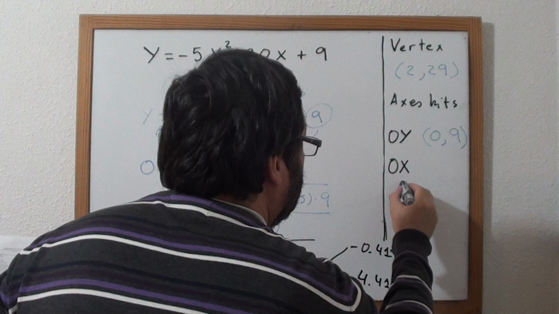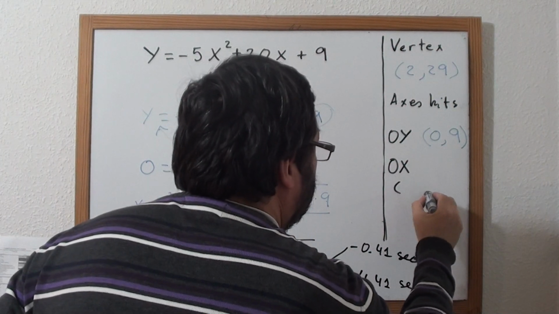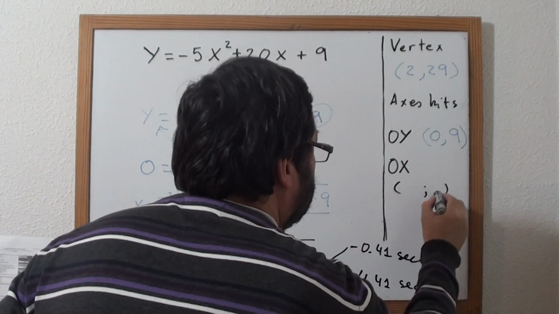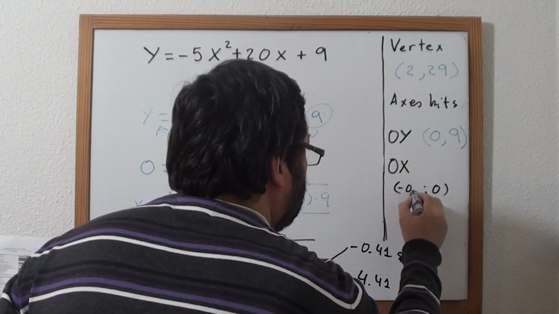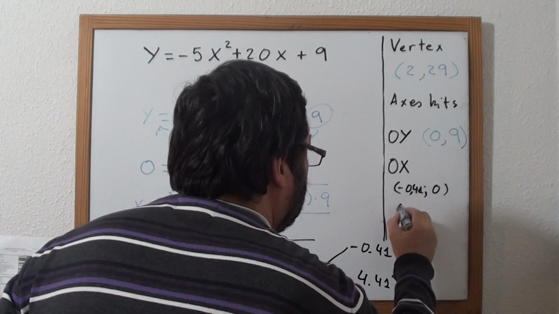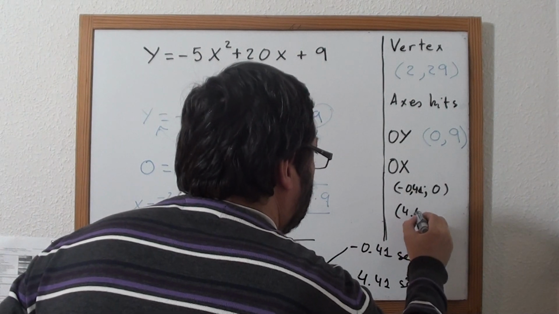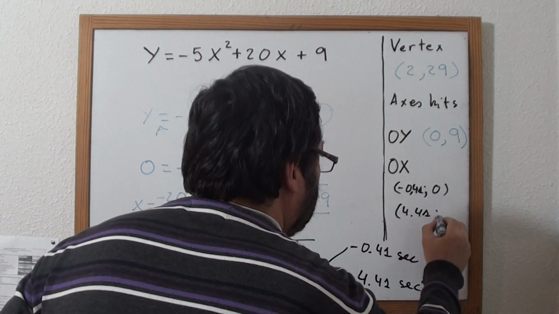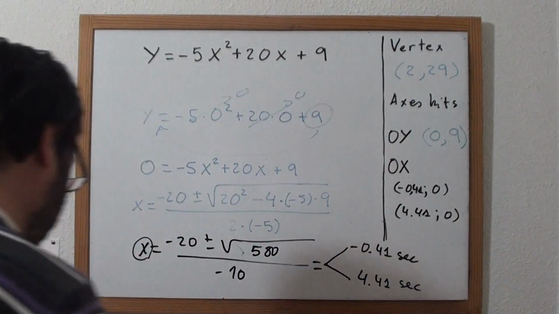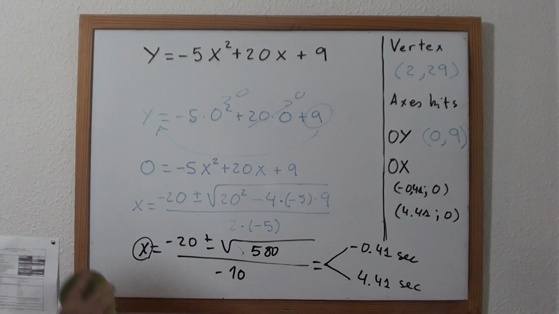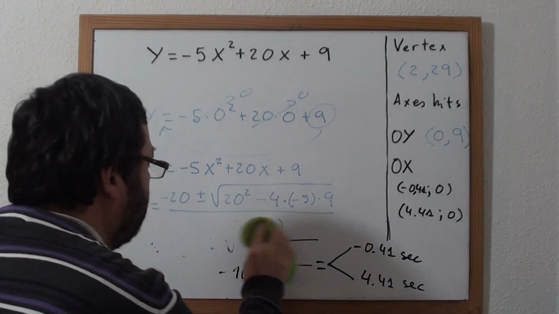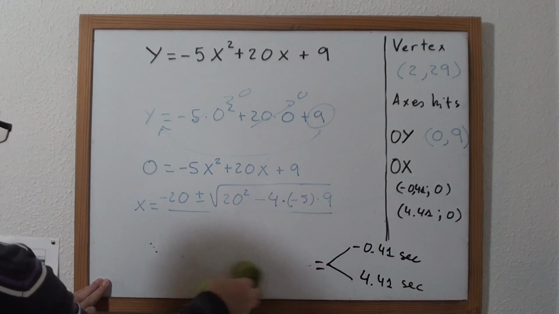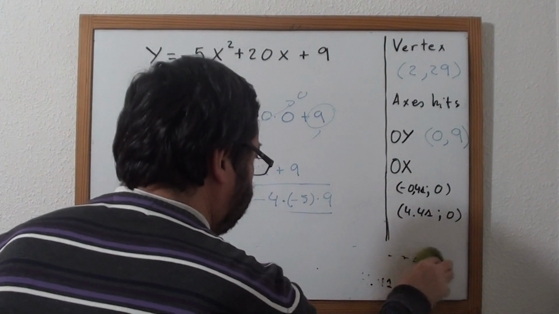So those are the x-intercepts. The y is 0, and one is -0.41, 0 and the other is 4.41, 0.